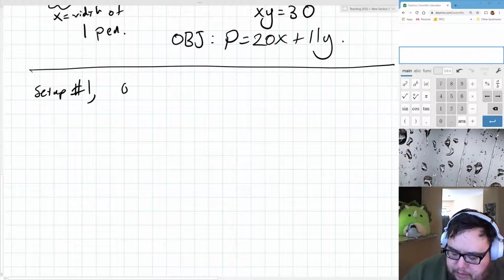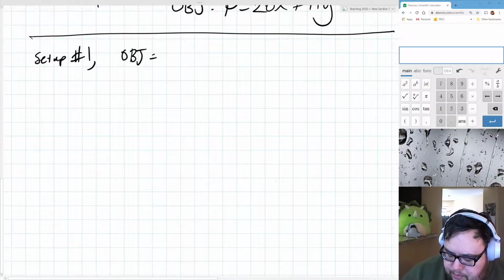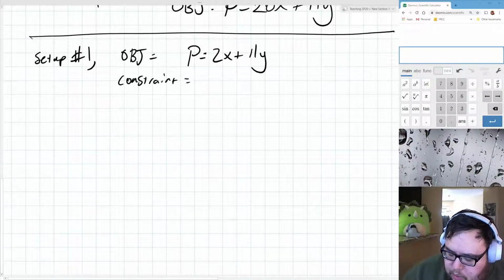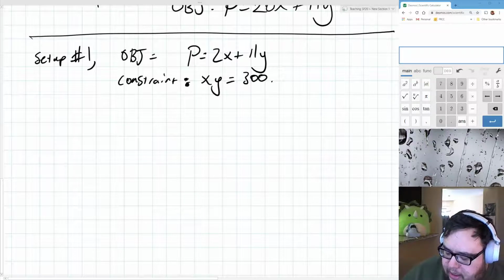Our objective is P is equal to 2x plus 11y, and our constraint is xy equals 300. So that means that x is equal to 300 over y.